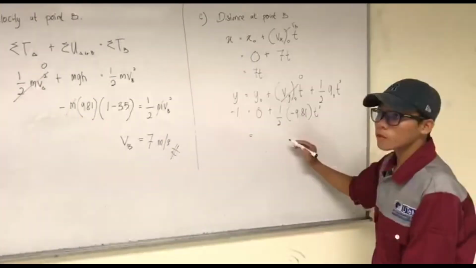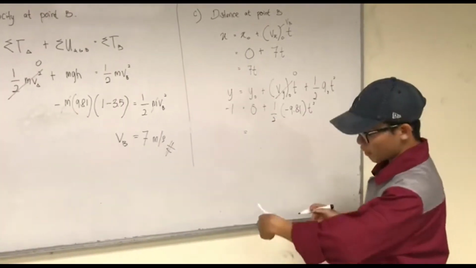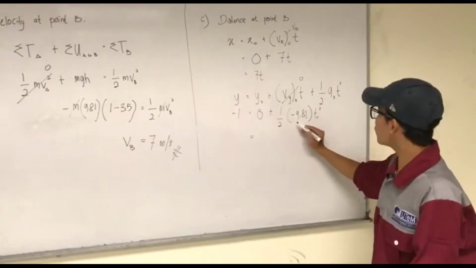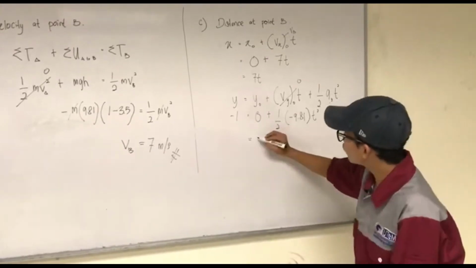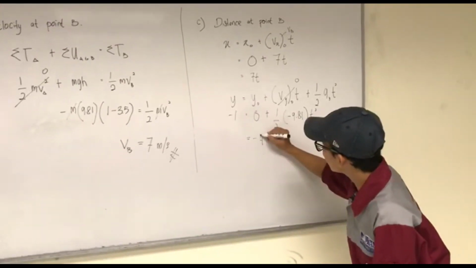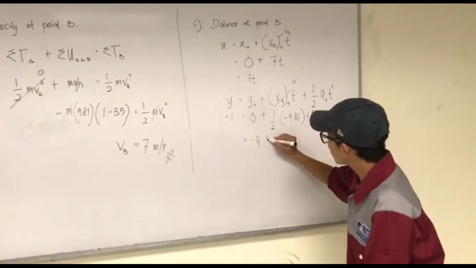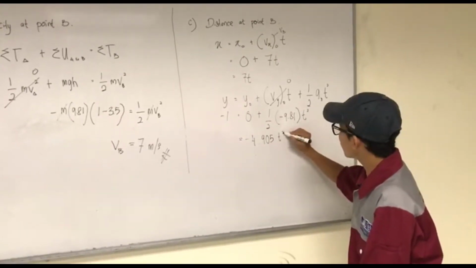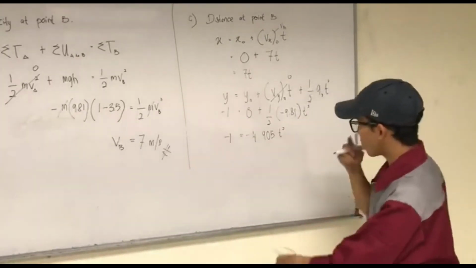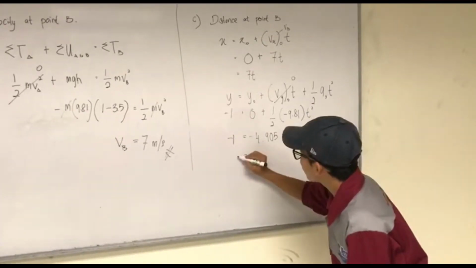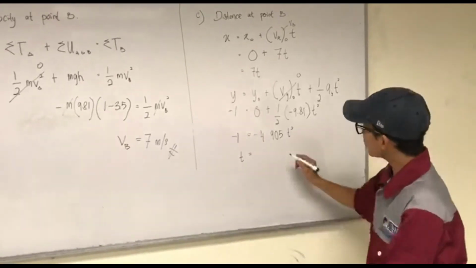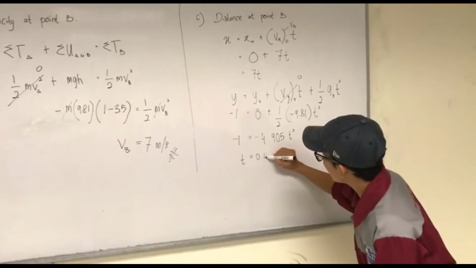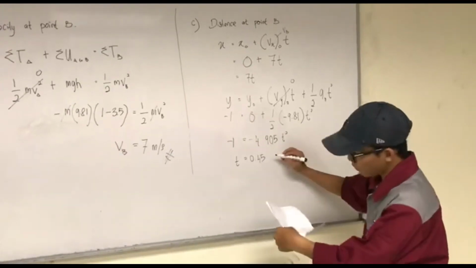So in this question we get 0, so 1 over 2 times negative 9.81, we get negative 4.905 t squared, minus 1. So we get the answer of t is 0.45 second.